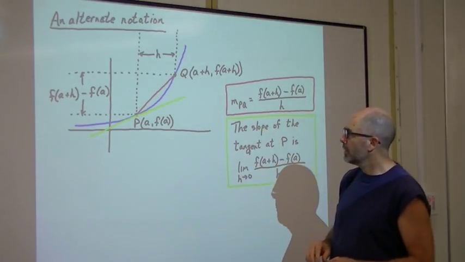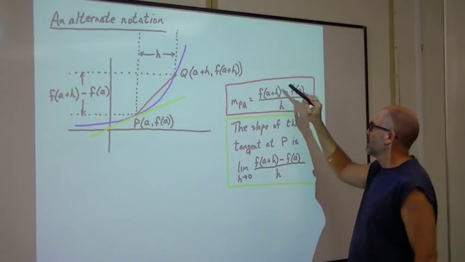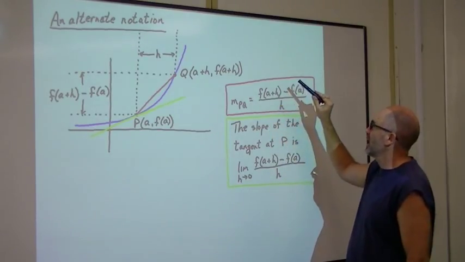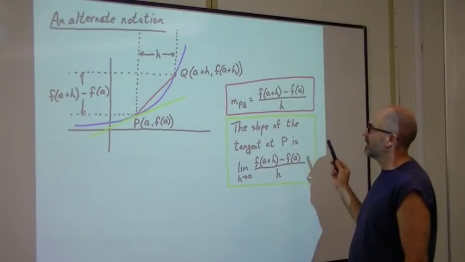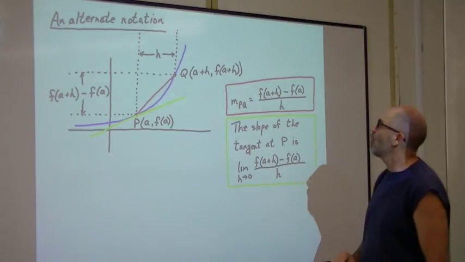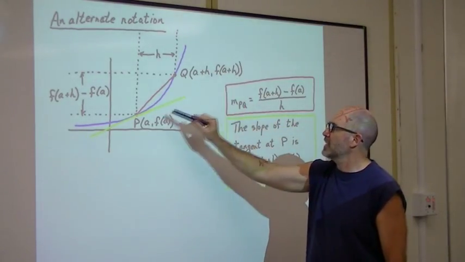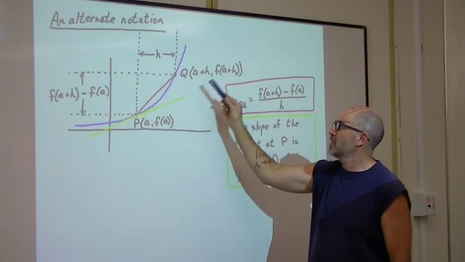So my slope of PQ now is going to be the change in y, which is f of a plus h minus f of a, y minus y, over x minus x. Well, a plus h minus a is going to be just h.